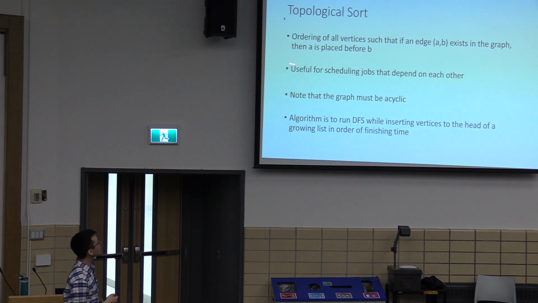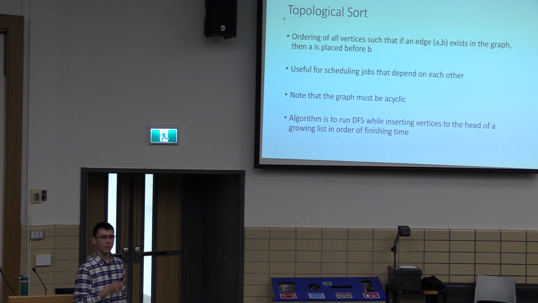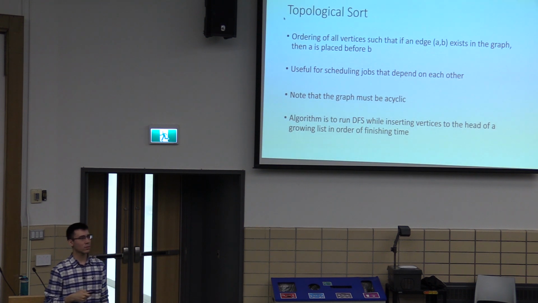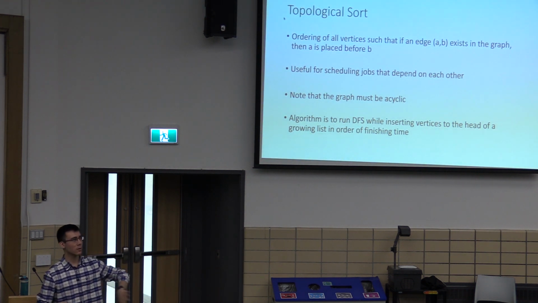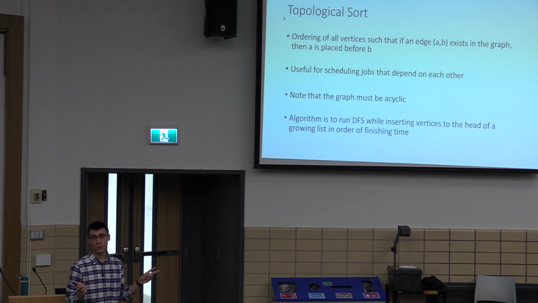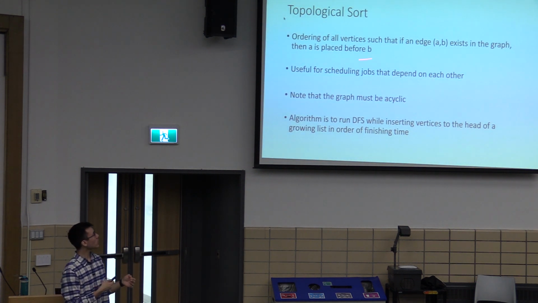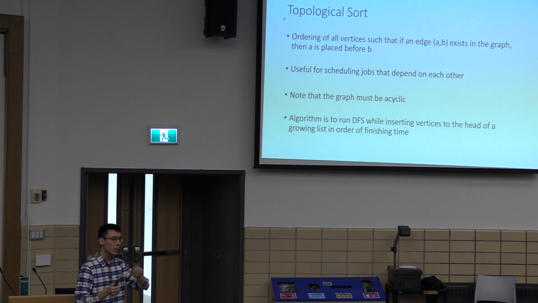A topological sort orders all the vertices such that if there's an edge that connects two vertices, let's call them A and B, then A will be before B. So if we wanted to make a plan for what courses we should take, running a topological sort on all the vertices will give you a valid ordering of which course to take.